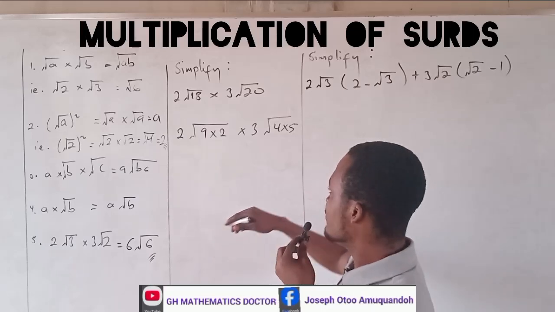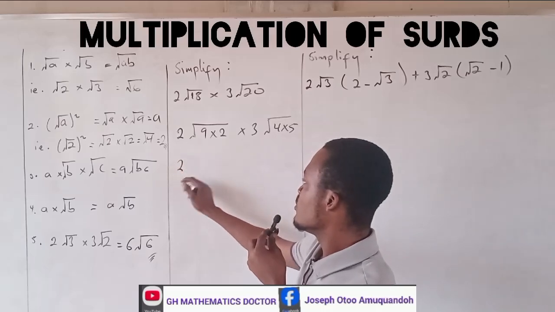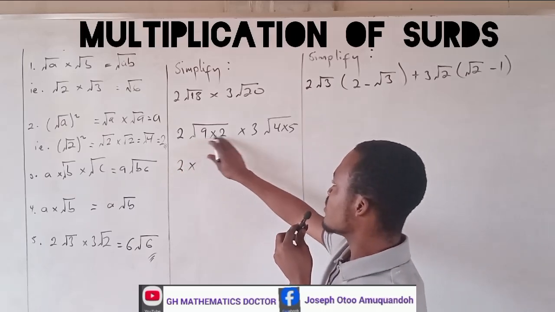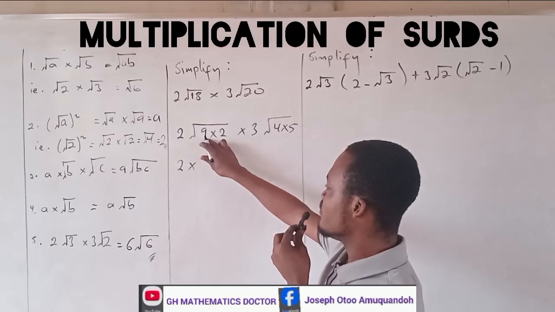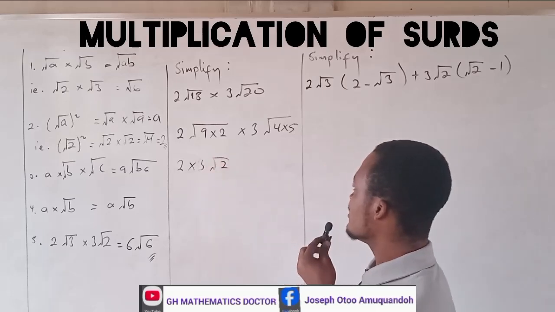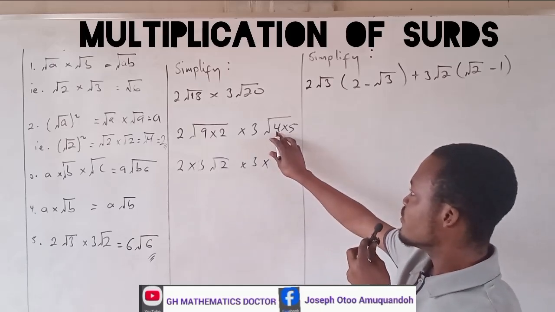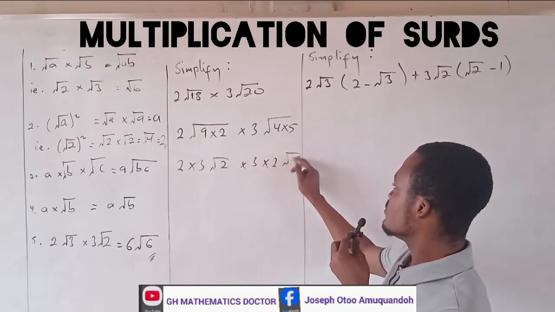So over here we need to simplify what we have in the square root. So 2 times, now the square root of 9 will give you 3, so write 3 here, and root 2. Then over here too we have the coefficient there already. Then the square root of 4 will give you 2, root 5.